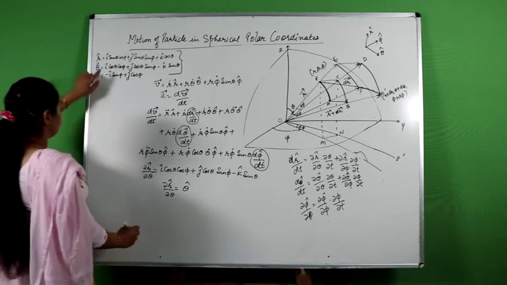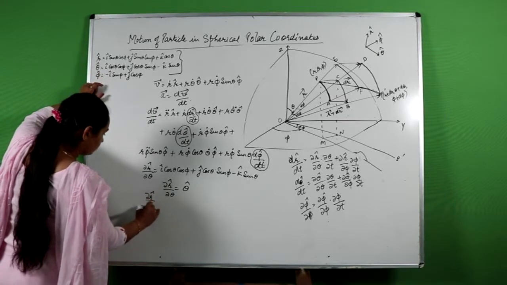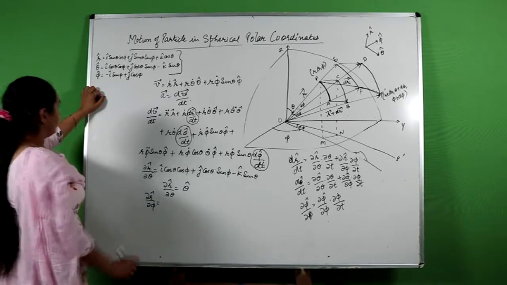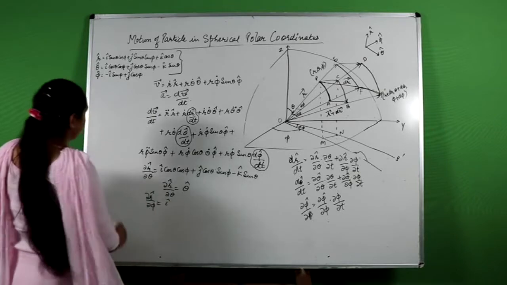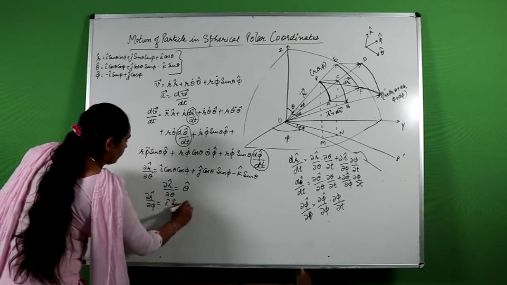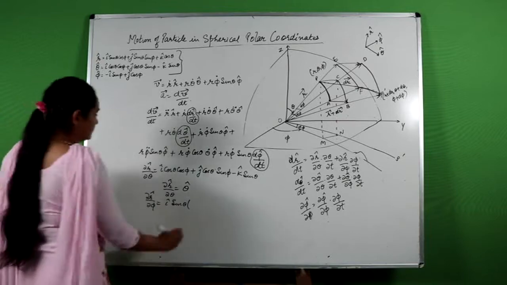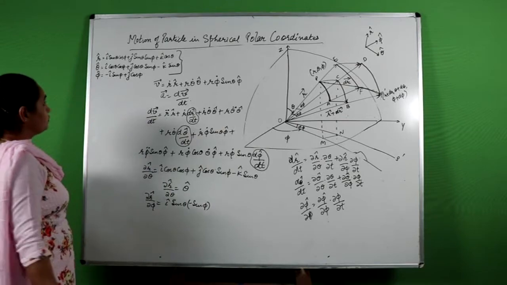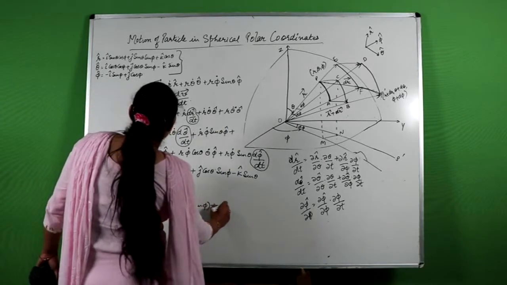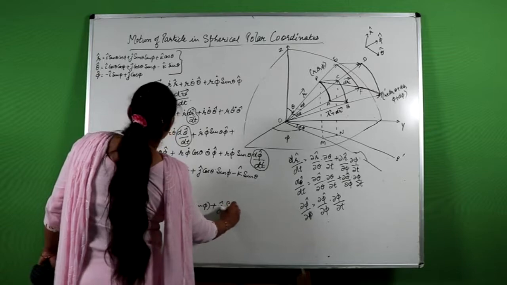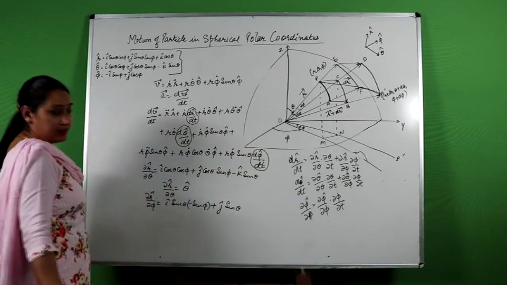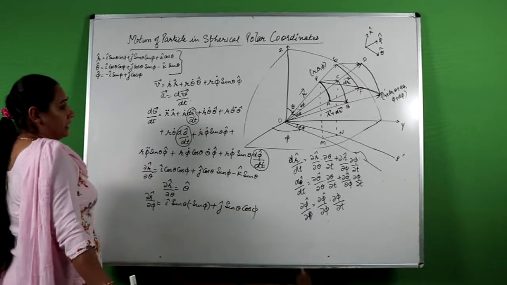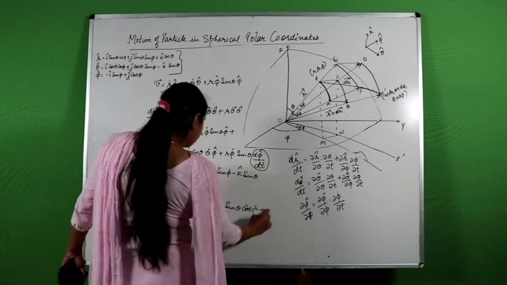Now if I differentiate this equation with respect to phi, what will I get? I will get i cap sin theta as such. What is the differentiation of cos phi? Minus sin phi d phi by d phi, that is 1, plus j cap sin theta sin phi. Differentiation of sin phi is cos phi d phi by d phi, and the next differentiation is 0.